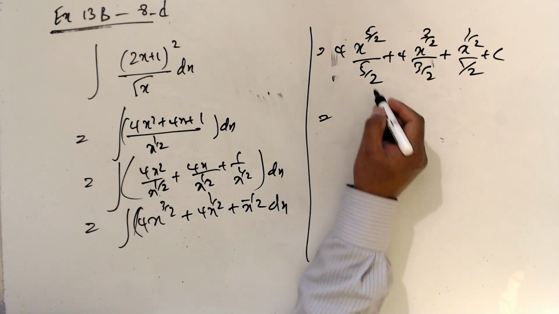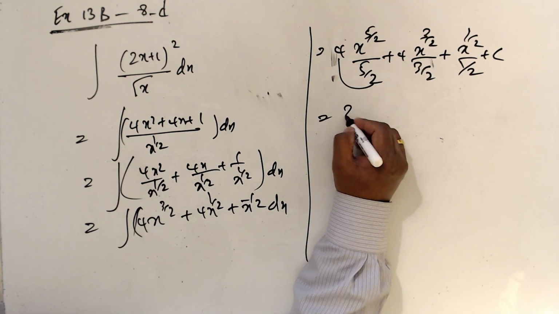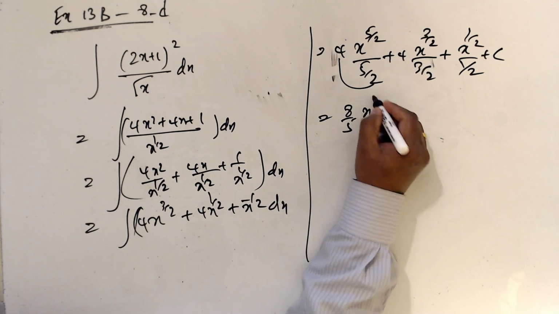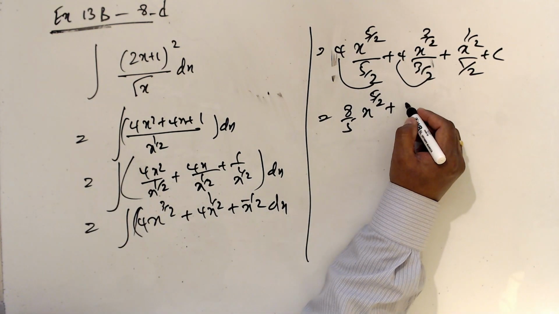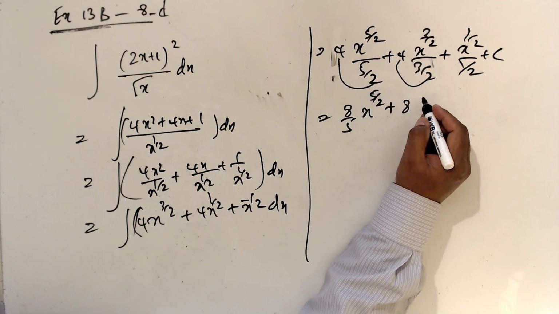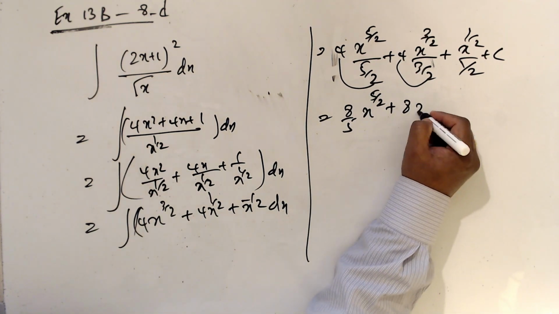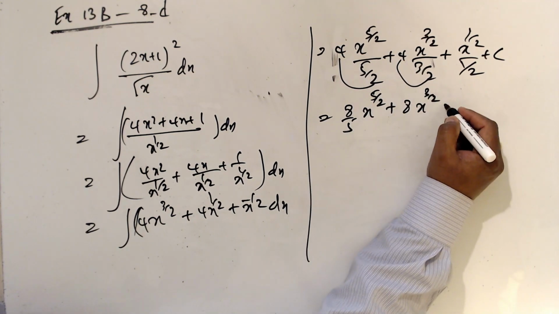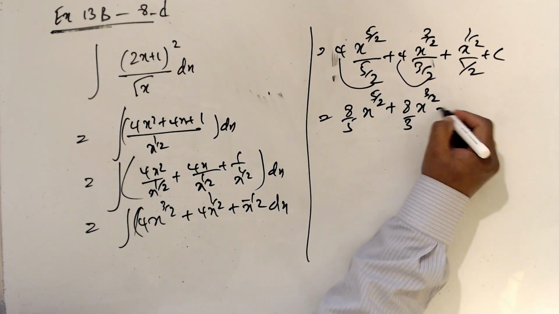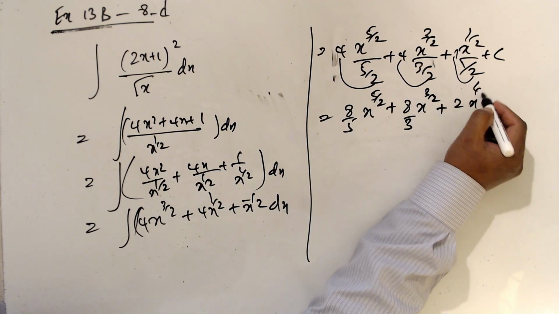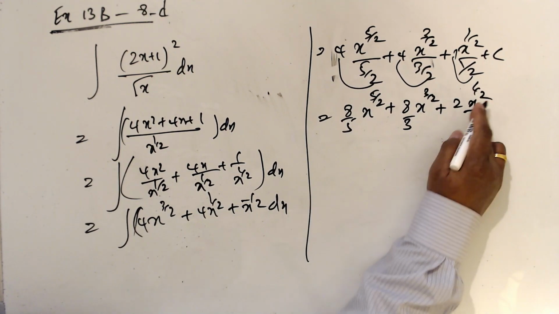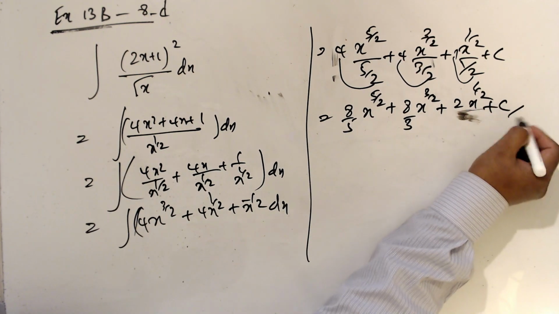So this is 2 times 4, 8 over 5 x^(5/2), 2 times 4 again, 8 x^(3/2) over 3, and 2 times 1, 2x half over 1, which is 2x half plus c.